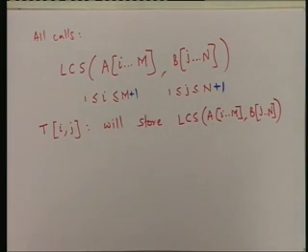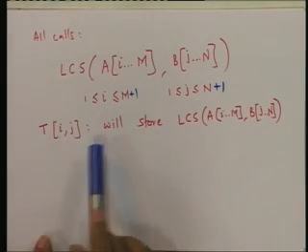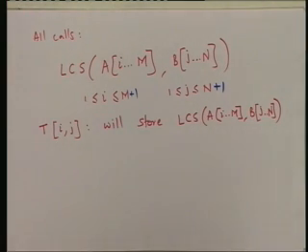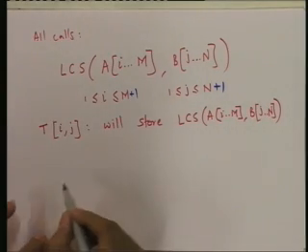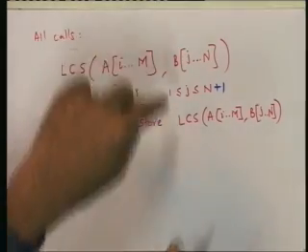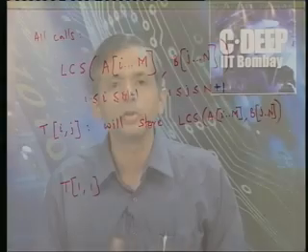The reason for that will become clear in a minute. It will serve as a certain kind of sentinel. So, this will be a two-dimensional table with m plus 1 rows and n plus 1 columns. And now our goal is simply to fill in the entries of this table. Once we fill in the entries, T of 1 1 will be LCS of A1 through m and B1 through n, and that is the solution we are looking for. So, if we can generate a non-recursive procedure for filling these entries, we will be done, so long as we say in which order the entries are going to be filled.